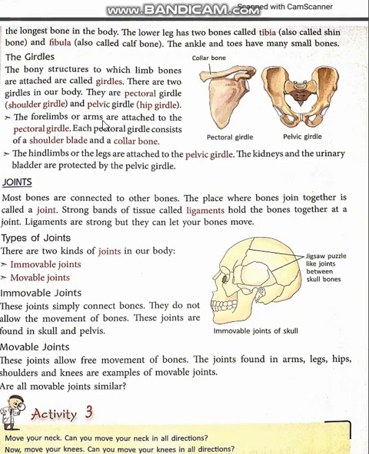The forelimbs or arms are attached to the pectoral girdle. Each pectoral girdle consists of a shoulder blade and a collarbone. In the pectoral girdle, you can feel the shoulder blade when you touch at the back, and the collarbone is present below your neck.